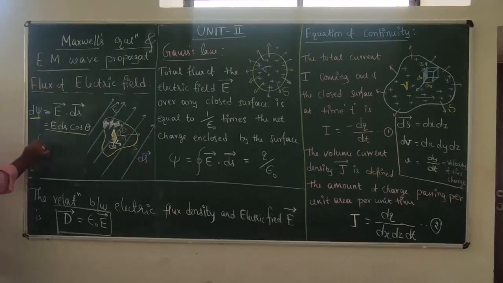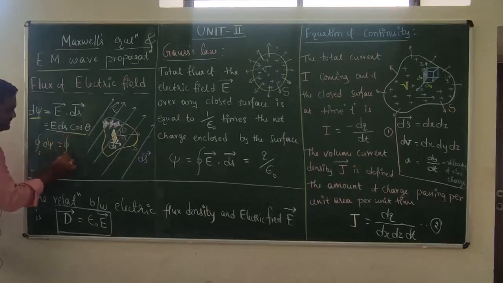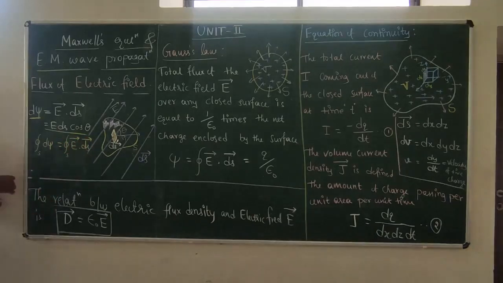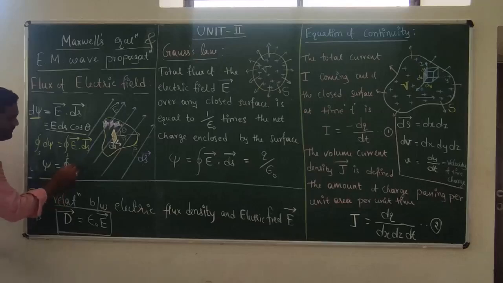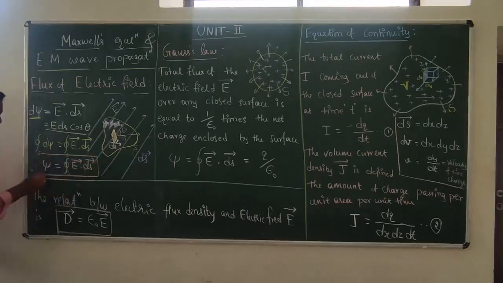So the integral of d psi is equal to the closed surface integral of E dot ds, that is psi equals closed surface integral over S of E dot ds. This is the total electric flux.